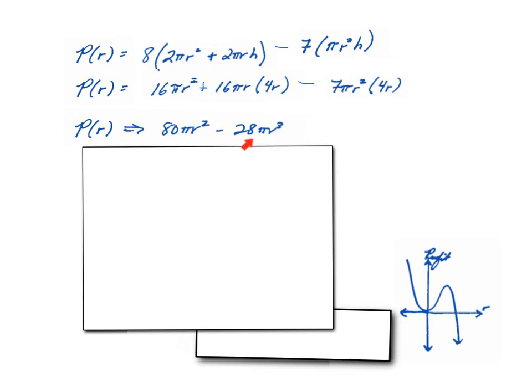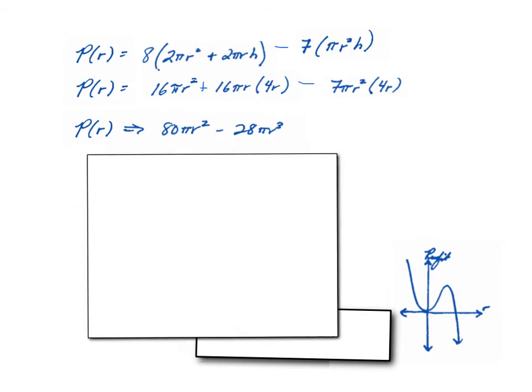There's no vertical shift. We've lost a couple possible terms here. And so 0, 0, there's a root there. That's one critical number. The second critical number is going to be my maximum. And so just knowing the function in terms of r, my y-axis is my profit, I know what to expect moving forward.